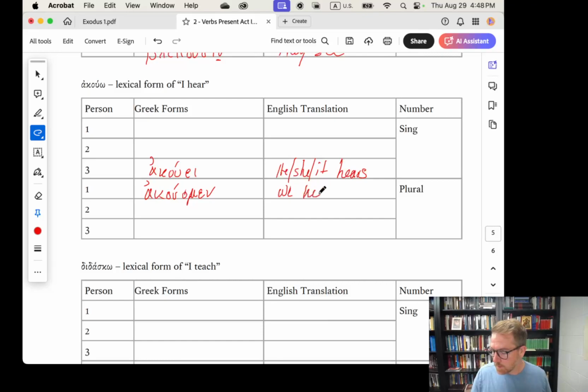We hear. Second person plural, aku-ete. You or y'all hear. Third person, aku-usi or usin. Sometimes it has the movable nu there.